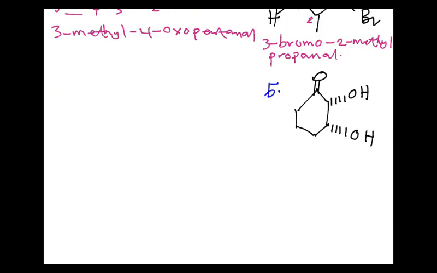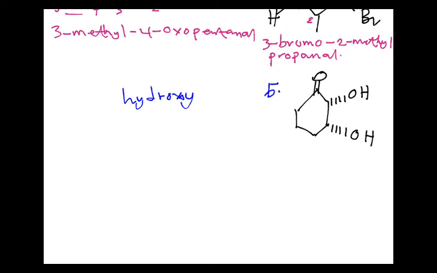Number 5 we know is a cyclohexane. Now we have alcohols attached to it, and anytime we have alcohol there, we're going to call it hydroxy. So how do we name this? We just look at the orientation.